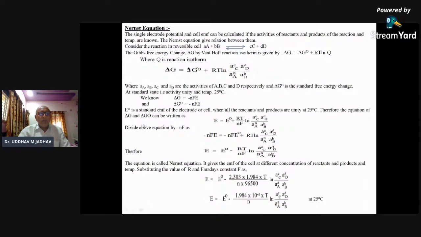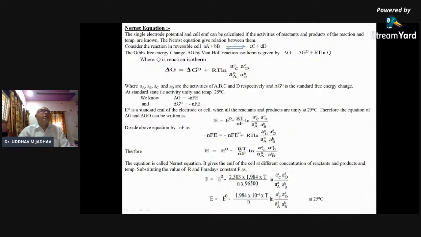If you divide by minus nF, then we will get E is equal to E naught minus RT upon nF, and here it is the log of the ratio of activities of product upon activities of reactant. Now here you look, R is a gas constant.